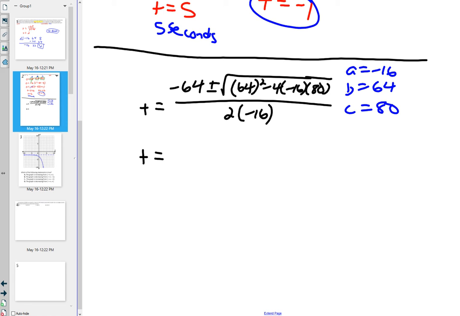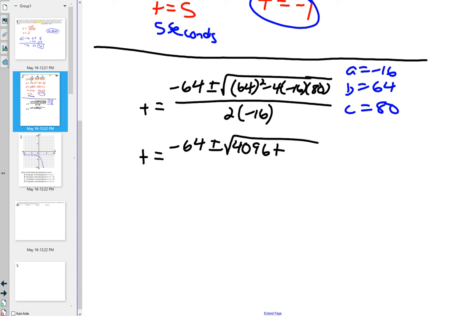Time is equal to negative 64 plus or minus the square root of, somebody with a calculator, 64 squared. Be so obliged. 4096. How many negatives come after the equal sign? I mean, after the square. 2, so plus 4 times 16 times 80.